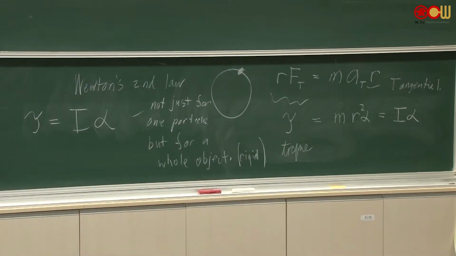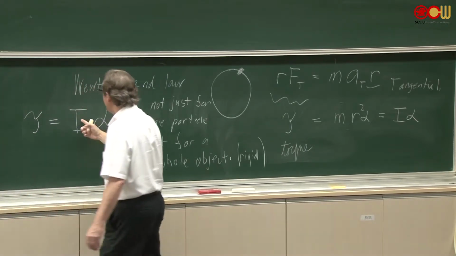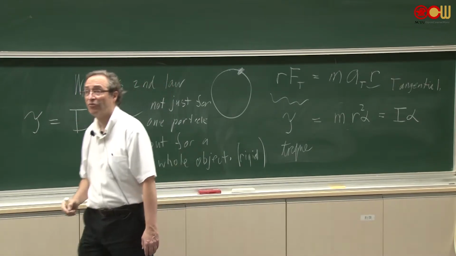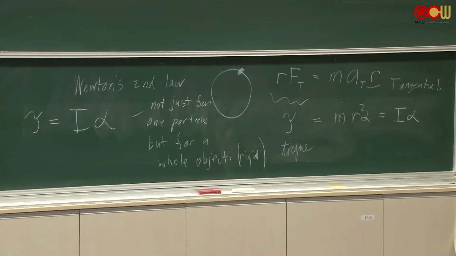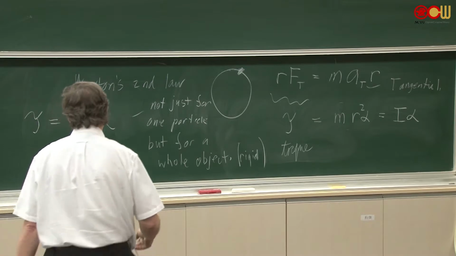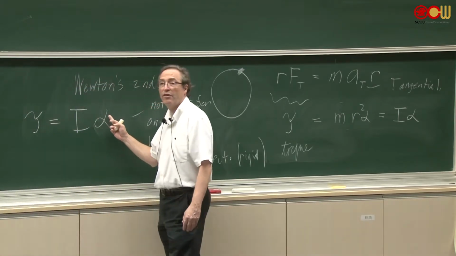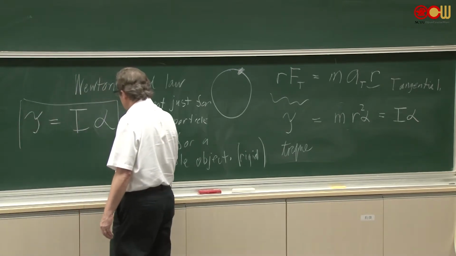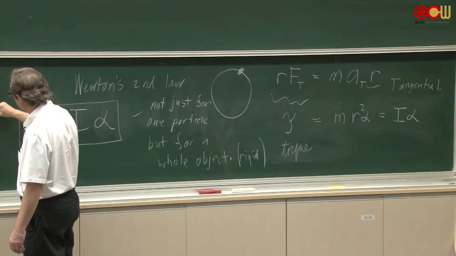The rigid comes about because, anyone see why I have to say a rigid object? Not only I, but alpha is the same for all the particles, right? And I doesn't change, right? Both for those reasons. If I don't have a rigid object, then the I will change as I move things. And also, if I don't have a rigid object, alpha will not be the same for all the particles that are rotating.